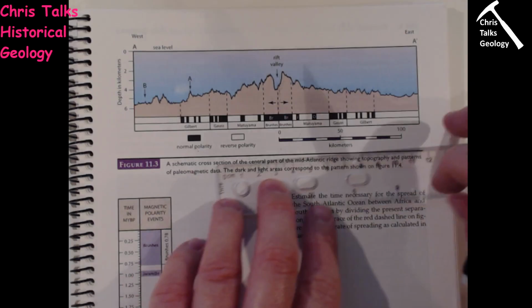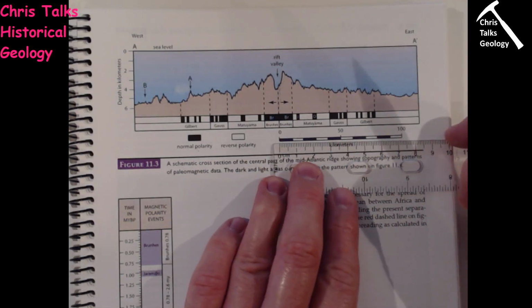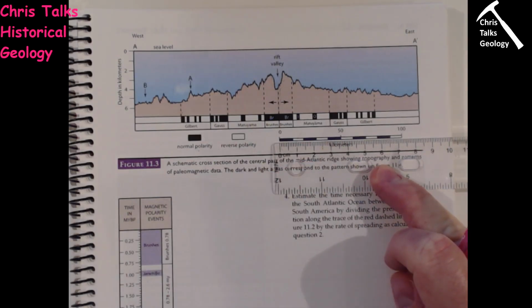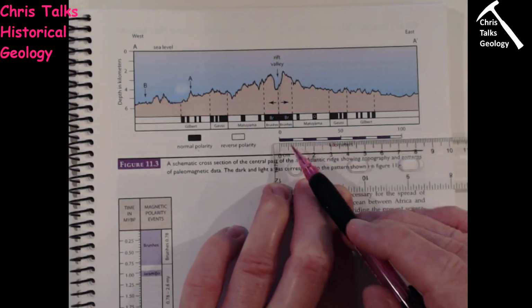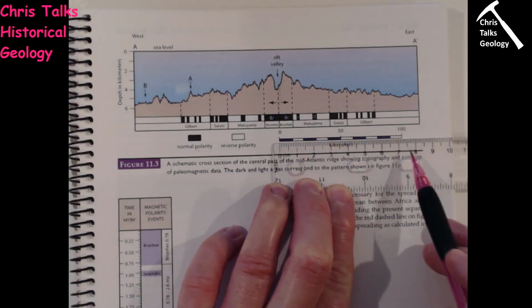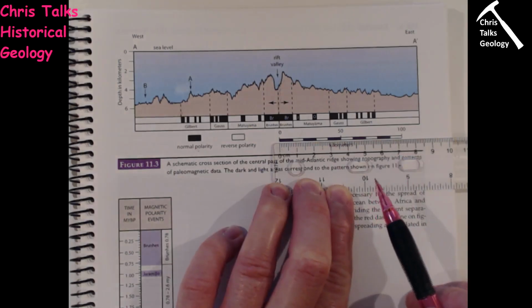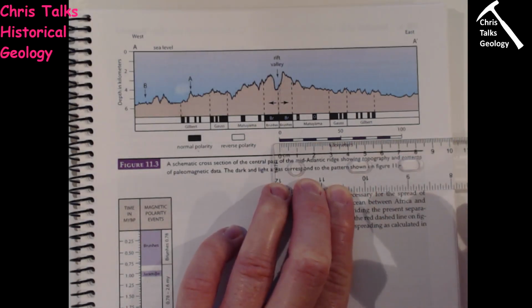So the first thing we're going to do is measure our scale bar. Okay, and our scale bar, which corresponds to 100 kilometers, is 7.2 centimeters long. So that's essentially 72 millimeters.